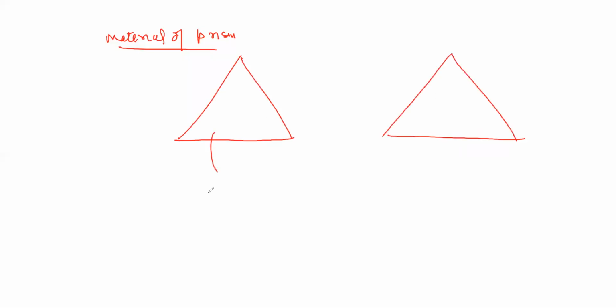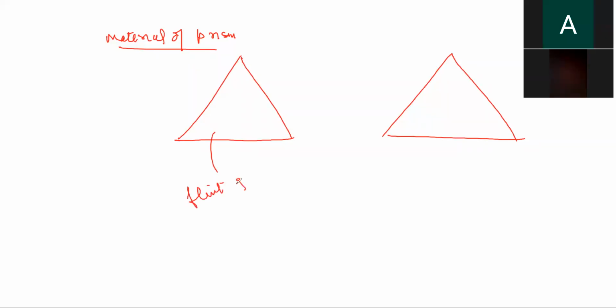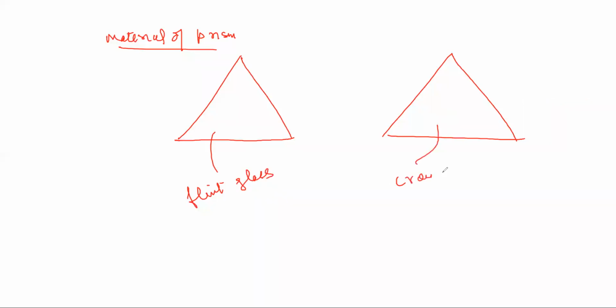Understand? So let us see here. They are giving the example of a crown glass prism and a flint glass prism. Understand this point carefully. Suppose you have two prisms here, the first prism and the second prism. This is, say, the flint glass, and this is, say, the crown glass.